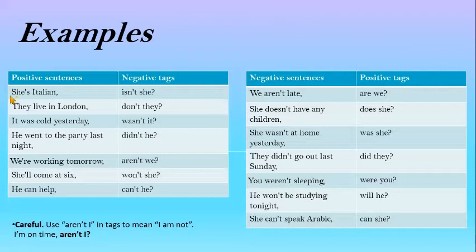So in this case we are using verb to be. Or in the second example, they live in London, don't they? So it is important to know that a positive statement has the same information in negative statement related to the time of the sentence.